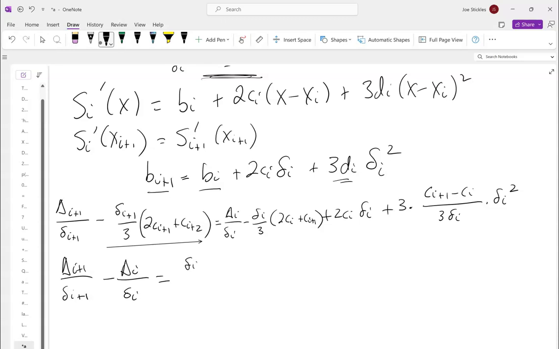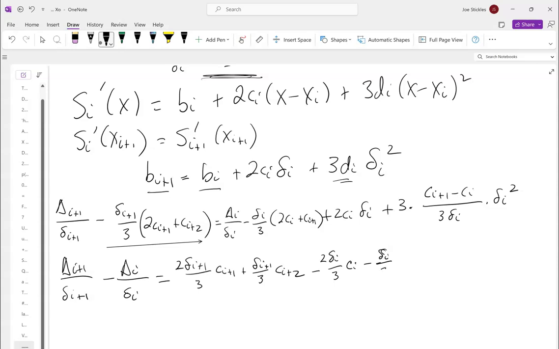We've got a delta I plus 1 over 3. Well, I'll write it as 2 delta I plus 1 over 3, C sub I plus 1, plus delta I plus 1 over 3, C sub I plus 2. And then the other stuff I'll distribute as well. 2 delta I over 3 C sub I. Oops, that's a minus.